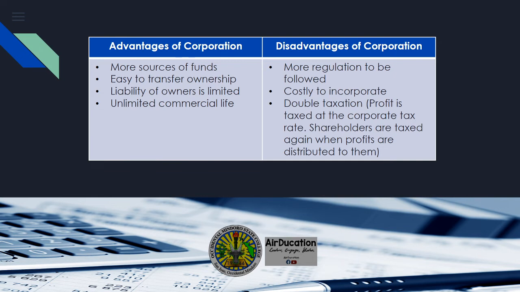Okay, next one. Liability of owners is limited again because the company is a standalone business, so the company can pay its own liability. And it has unlimited commercial life.